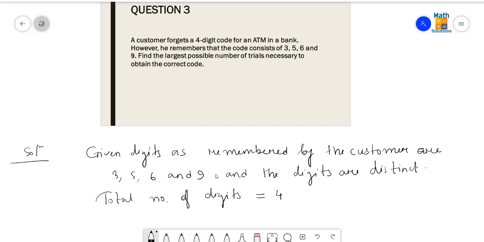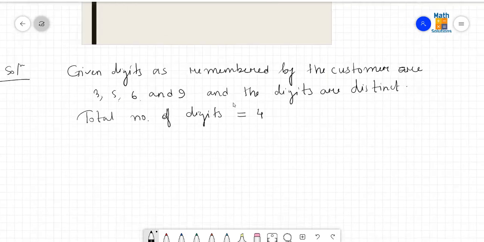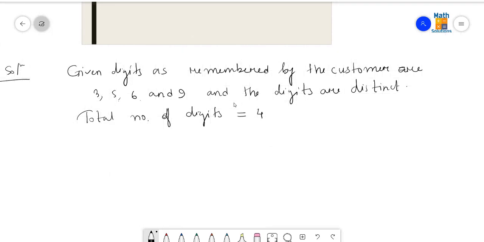So after that, we have to make a table. I mean 4 places we have to make like this, so that we can fill up the boxes. How many options are there in our hand? In total, there are 4 options. So in the first place, we can put the value 4, because 4 options are there to fill this place. Since the digits cannot be repeated in case of ATM pins, for the second place, how many options are left in our hand?